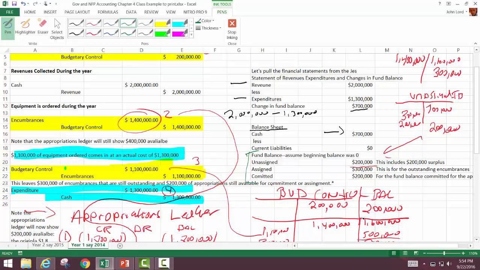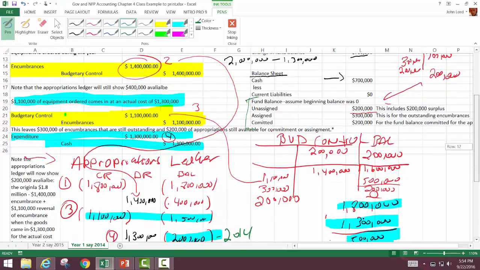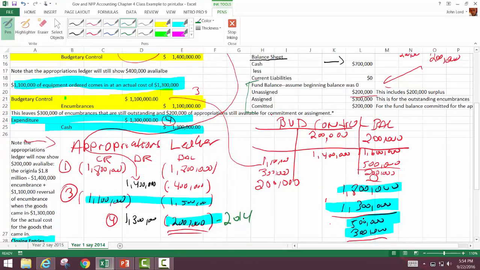So I reverse the encumbrance for the original amount. I stick that into the appropriations ledger. When I do, for a split second, it comes up to 1.5 when I credit that appropriation. But then what? Then I replace it with the actual amount of the expenditure, and when I do, that brings me back down to this 200,000, right?